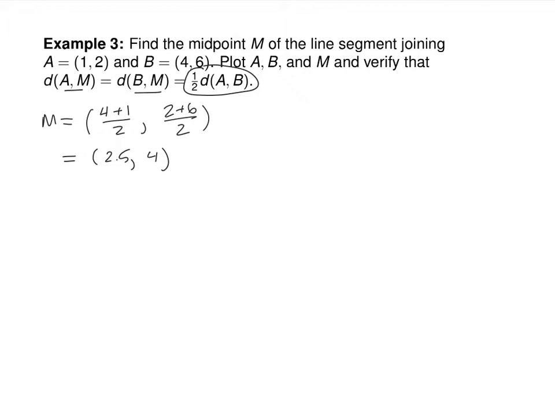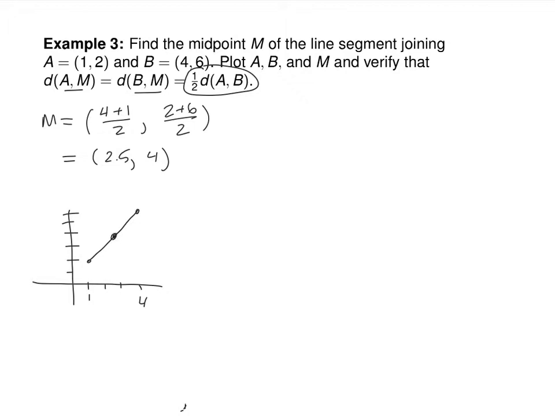Yeah, okay. And I think that 1, 2 and 4, 6, those were the points we did on the very first page. I picked that on purpose to redo the distance formula. So we had 1, 2, 4, 6. So 2.5, 4.